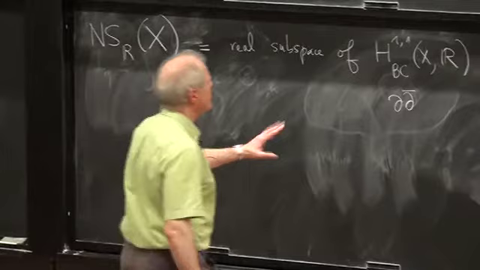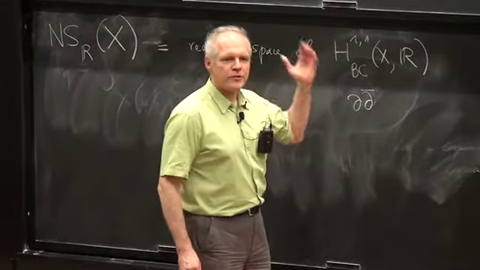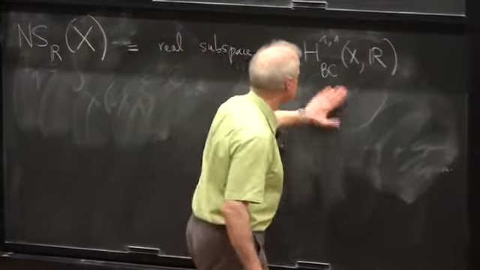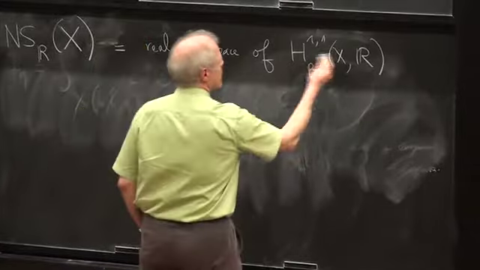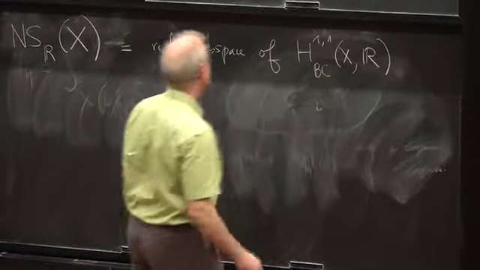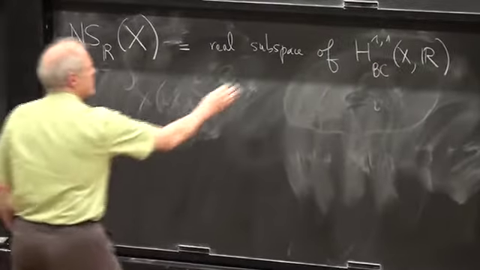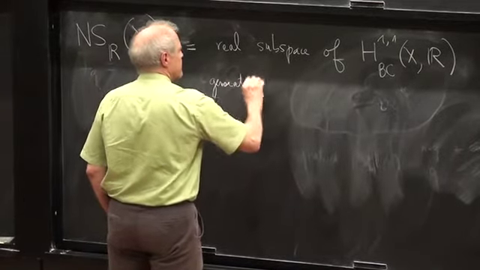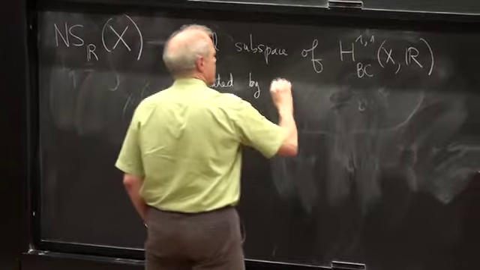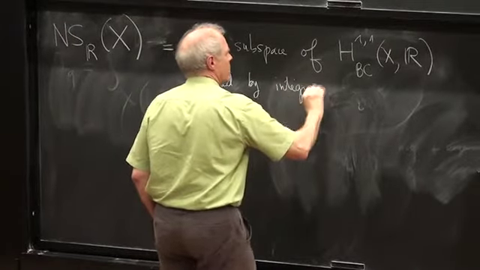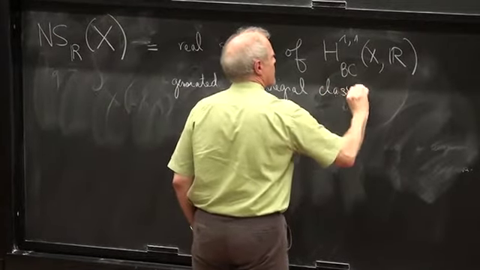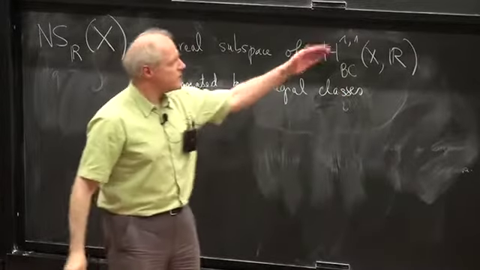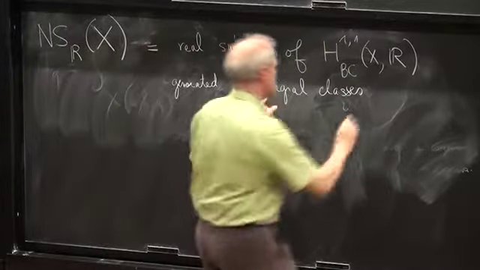So the c_1 of L makes sense in this enriched theory. Of course, in the Kähler case, it's just the usual H^{1,1}. You take the real subspace which is generated by integral classes of type (1,1).